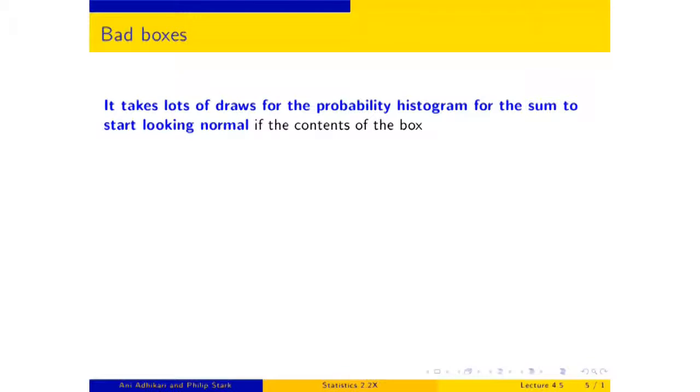And one of the ways it may be not pretty is that it's quite far from symmetric. You saw one example, 1 one and 999 zeros. You could have something with a very long tail. When you start with these distributions, it takes lots of draws before you get to normality for your probabilities for the sum.